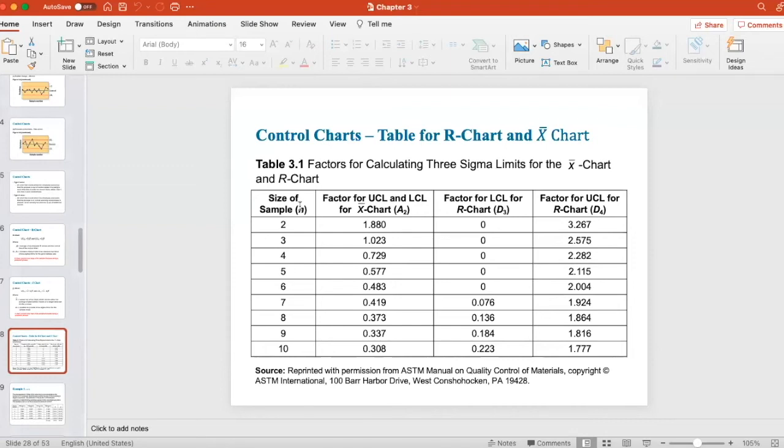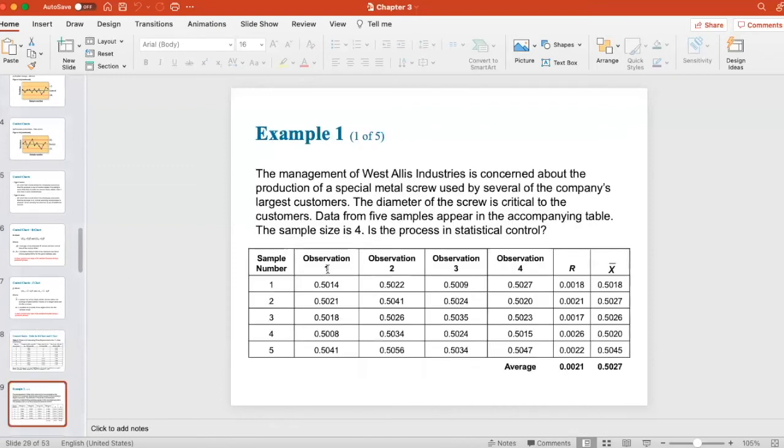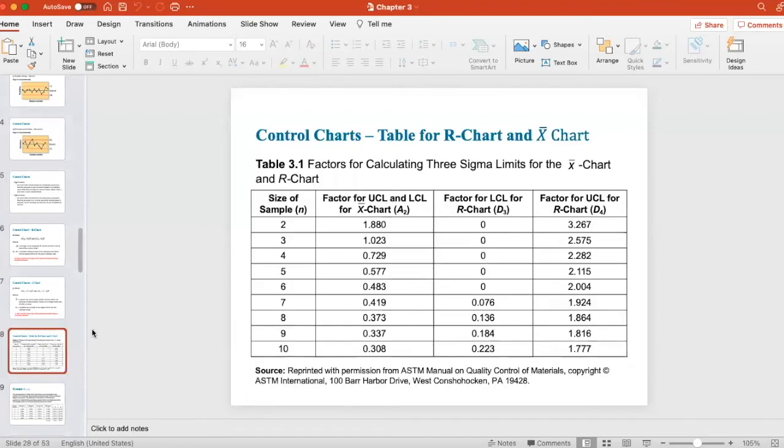For example, in this example one, we collect 5 different samples. Look at this: how many observations are within every sample? 4. So the size of the sample should be 4 in this specific example.